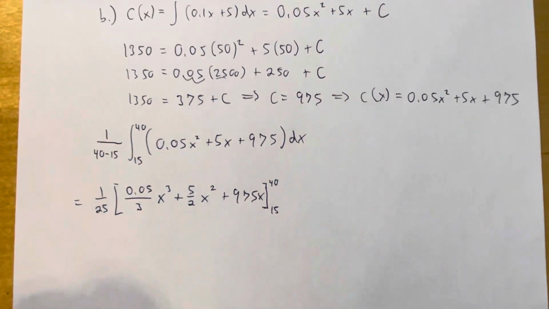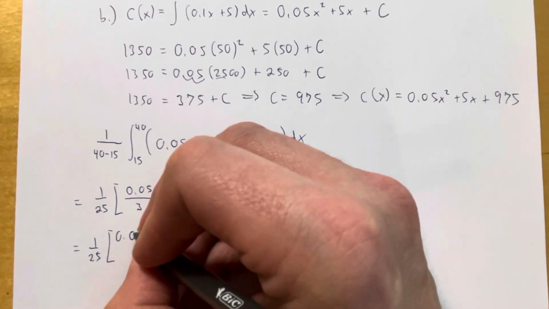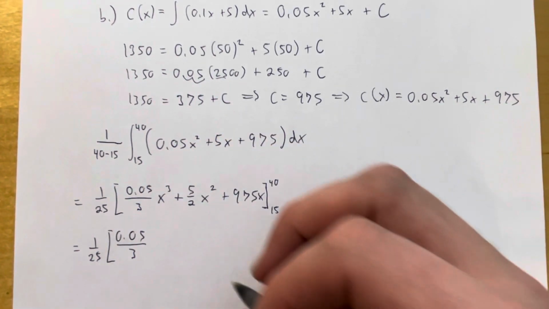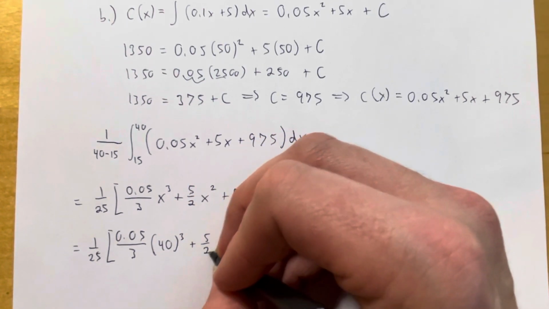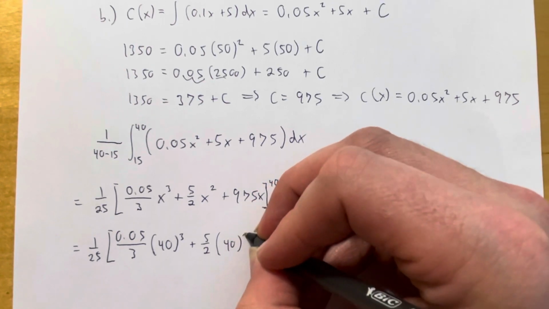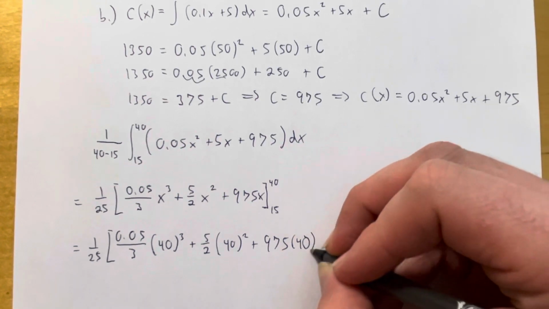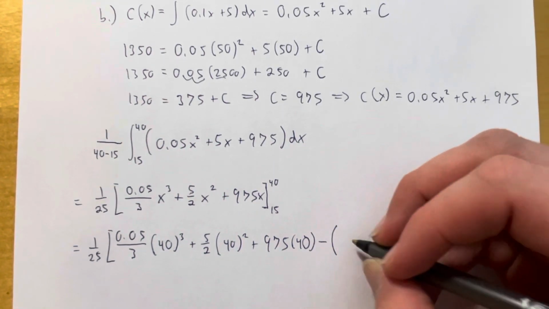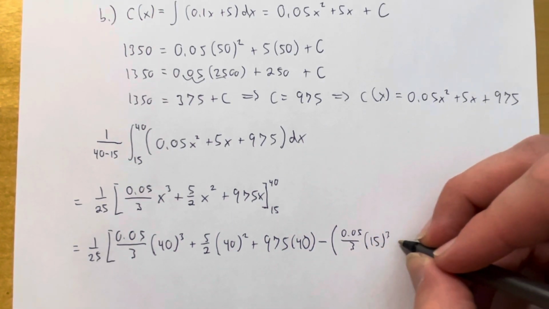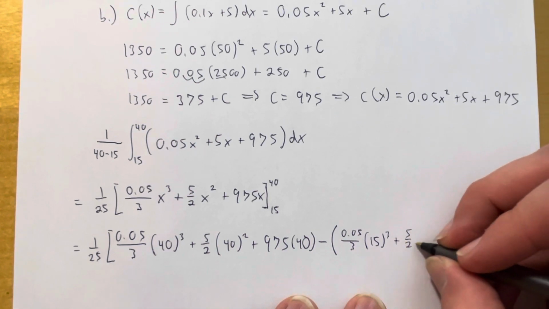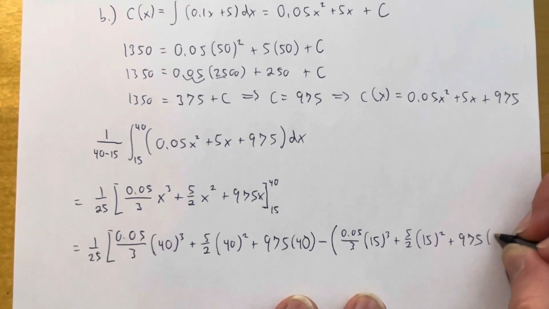Okay, doing the arithmetic now, I'm going to get 1/25 times 0.05 thirds times 40 cubed plus 5 halves times 40 squared plus 975 times 40 minus, don't forget to put this in parentheses, 0.05 over 3 times 15 cubed plus 5 halves times 15 squared plus 975 times 15.